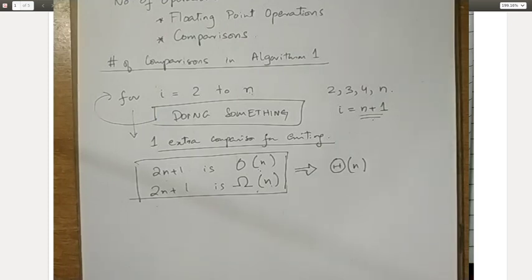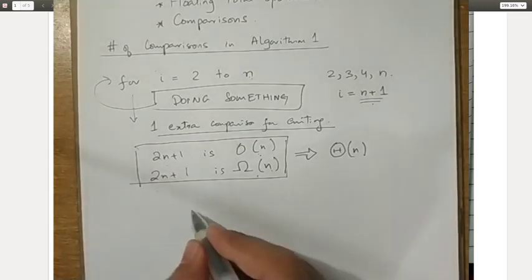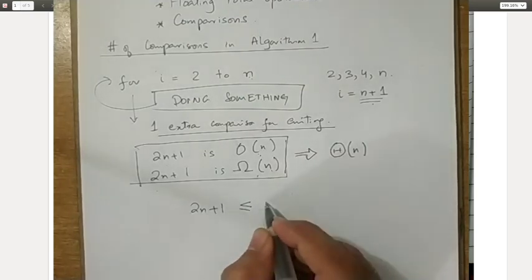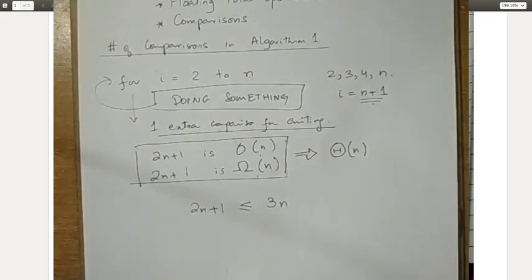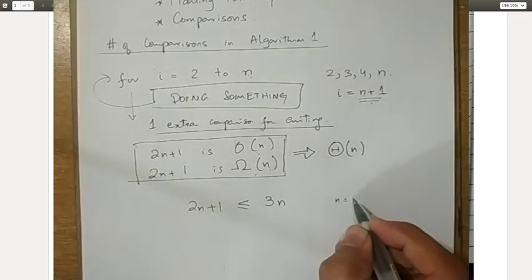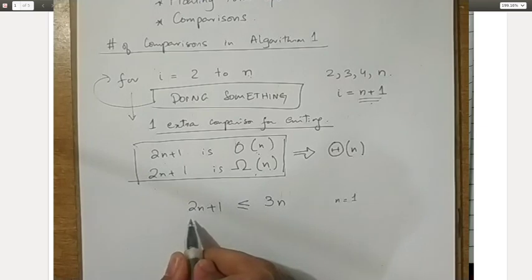Okay, about using omega, O and theta, the reason we're using it is this function is a very simple function. For example, if you have a linear function, you can easily prove that it's bounded above by a linear function and bounded below by a linear function. For example, I can simply show that 2n plus 1 is less than or equal to 3n. Let's check for n equals 1, this is 3 and this is 3.